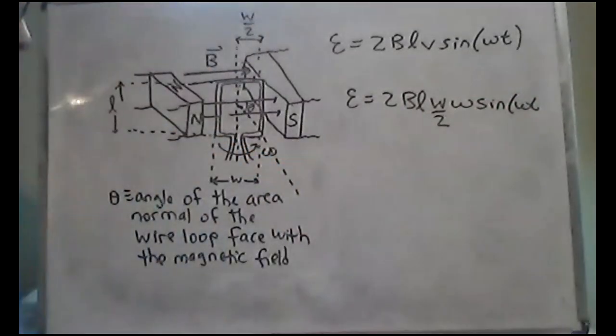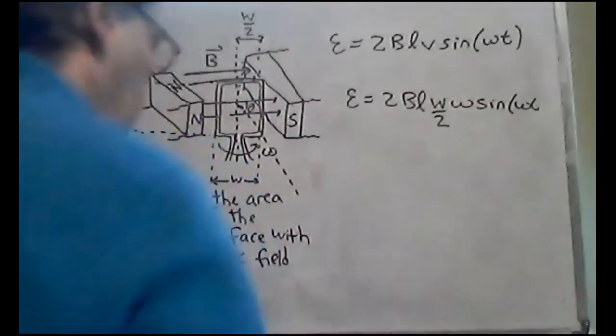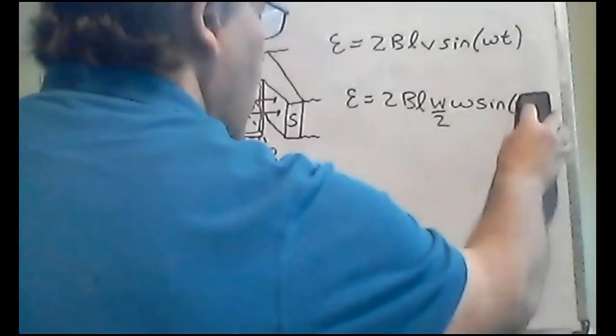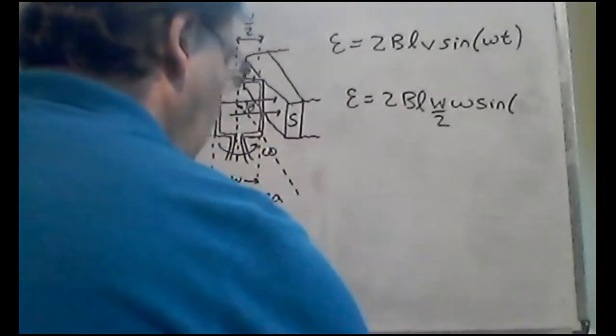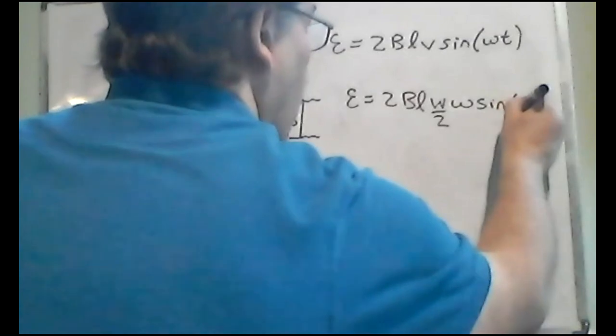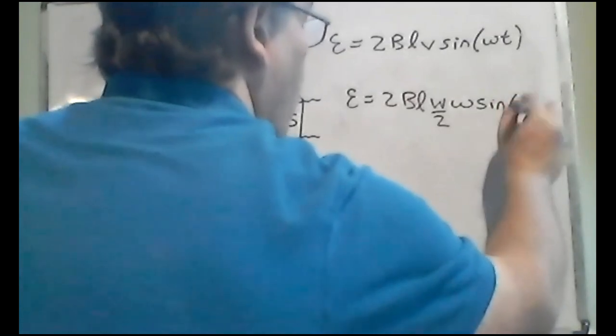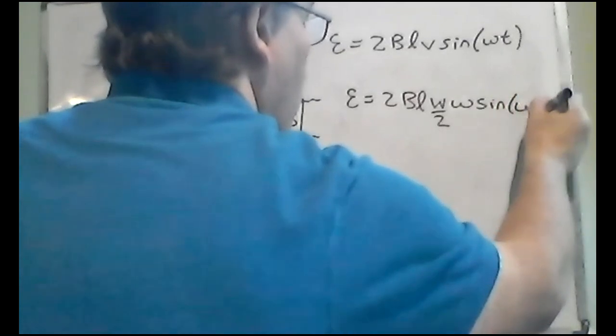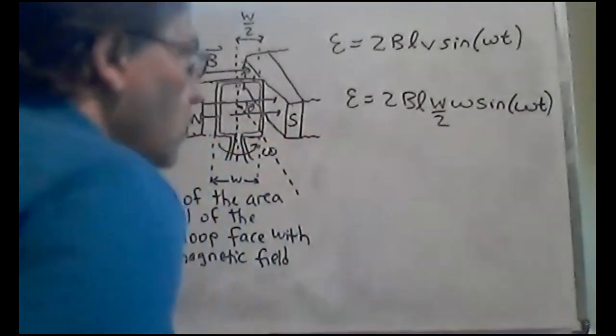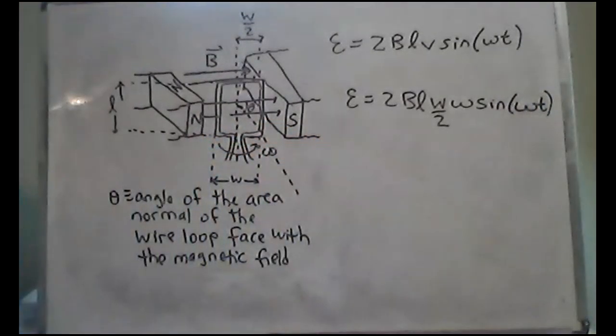And make sure your omegas and your w's don't look exactly the same. My omegas oftentimes look like my w's, so I have to be very, very careful. Omegas are the Greek w, right?